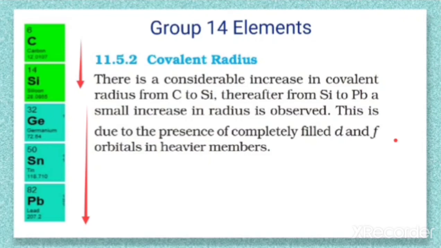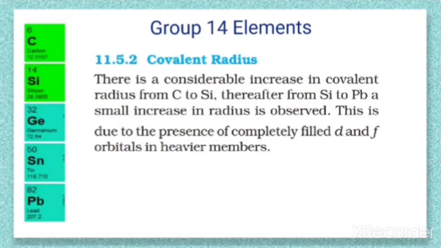In the case of carbon, d electrons are not available, but when we go down, d and f electrons are available and these orbitals are completely filled. Because of this, compared to carbon to silicon, from silicon to lead there is only a small increase in the radius.